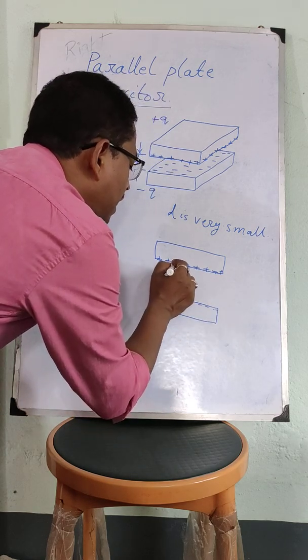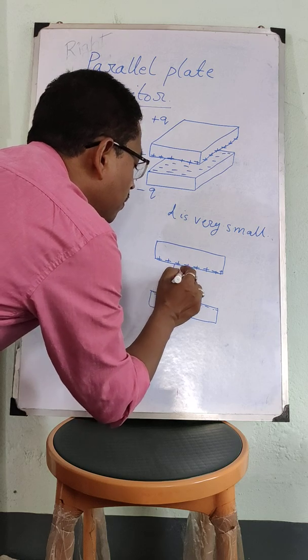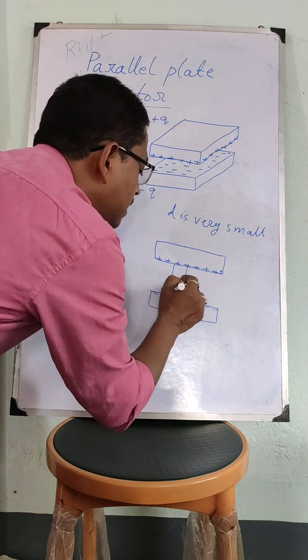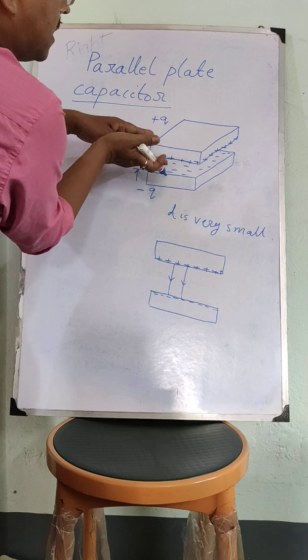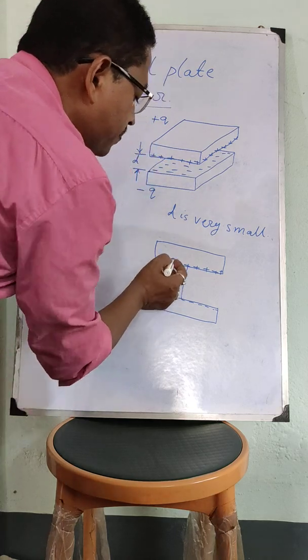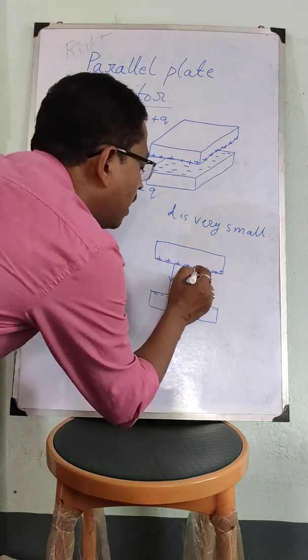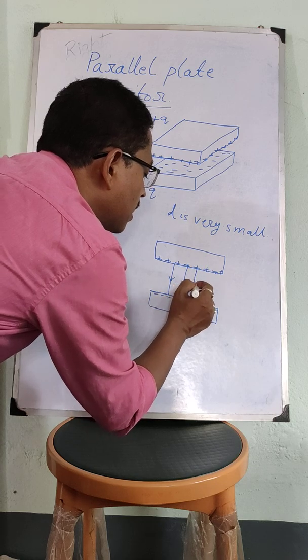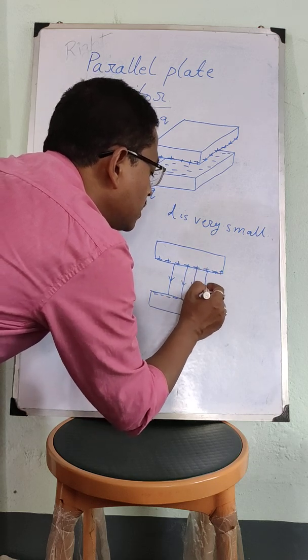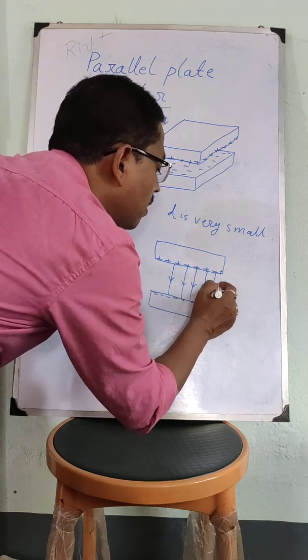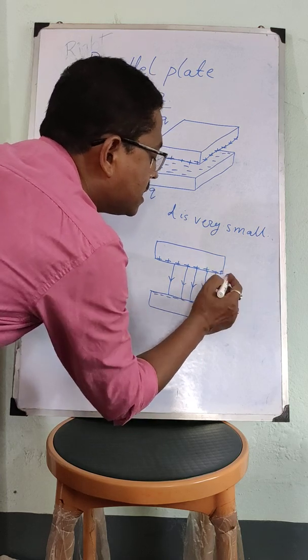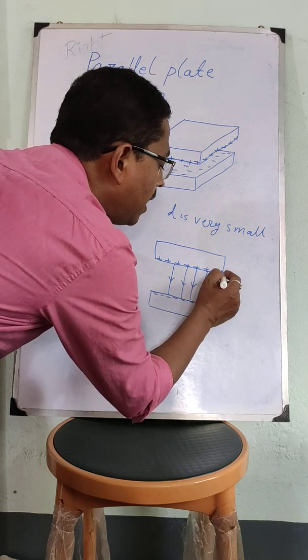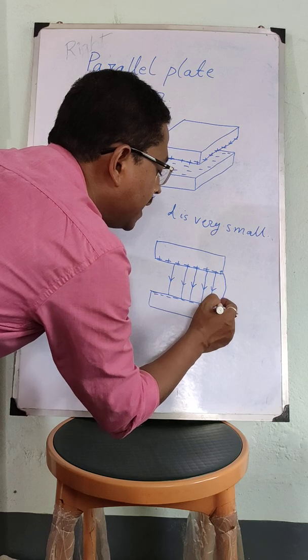Now since this distance d is very small, the field lines will be parallel lines between the two conductors, but at the edge the field line is slightly bent.